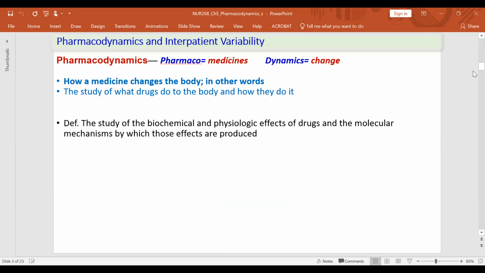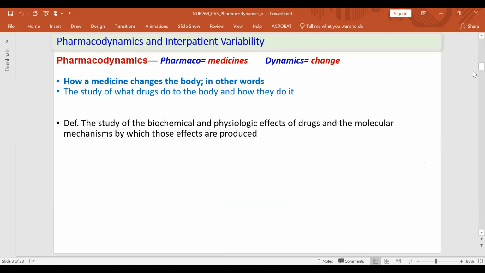There are some medications that may cause an effect or result in physiologic changes to the cells and tissues without having any interaction with any receptors.